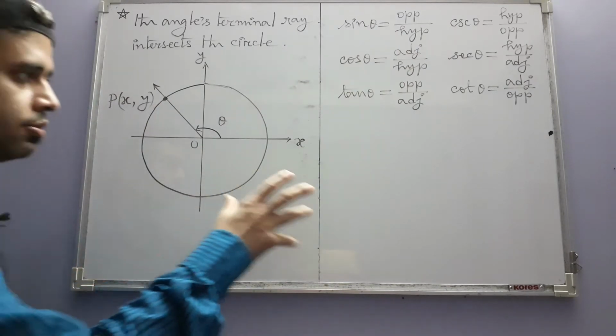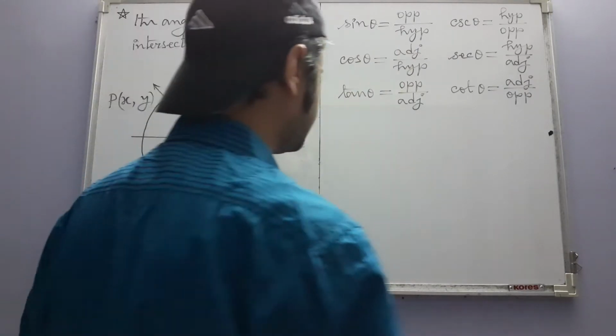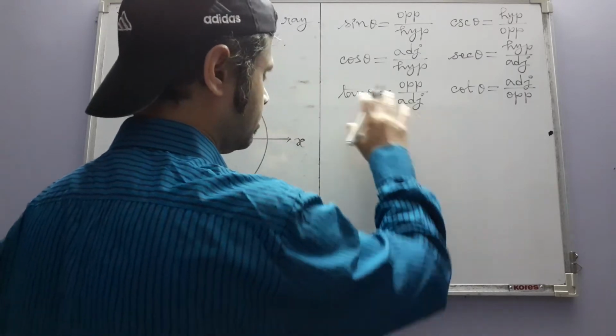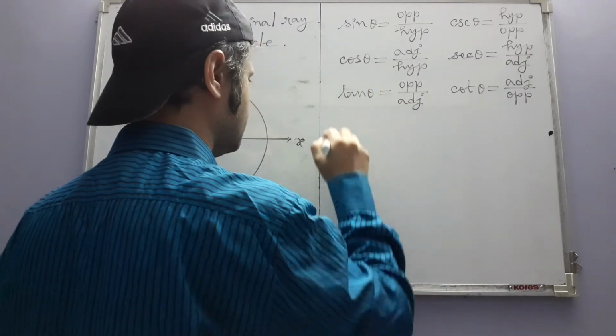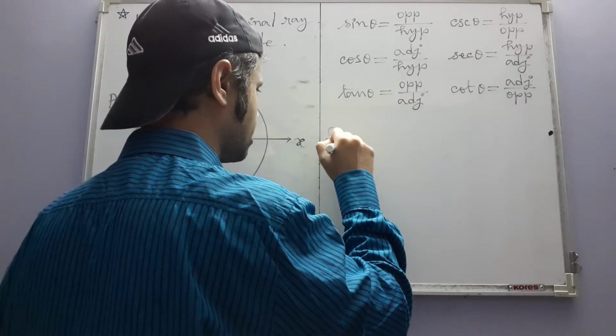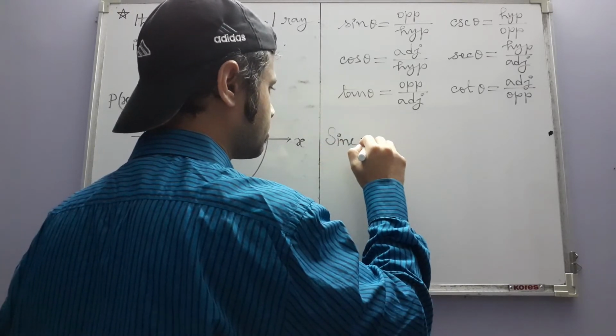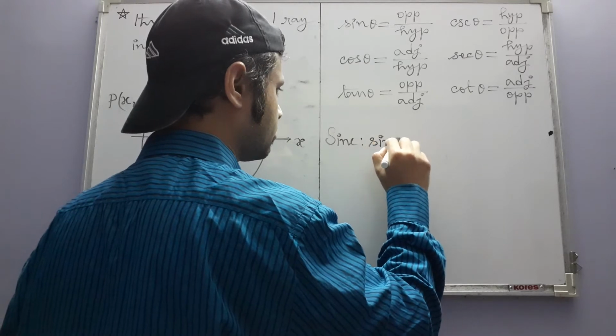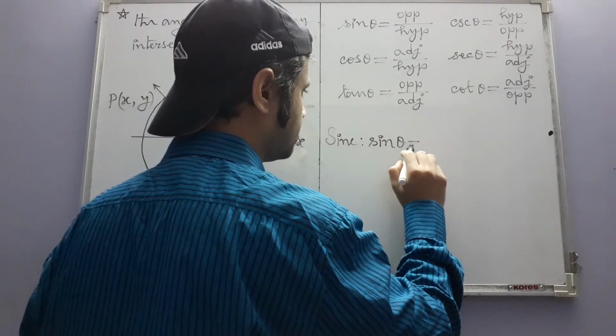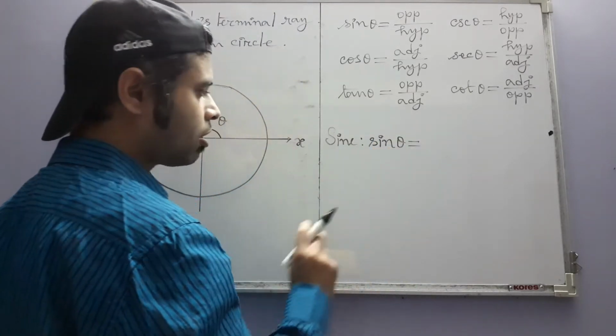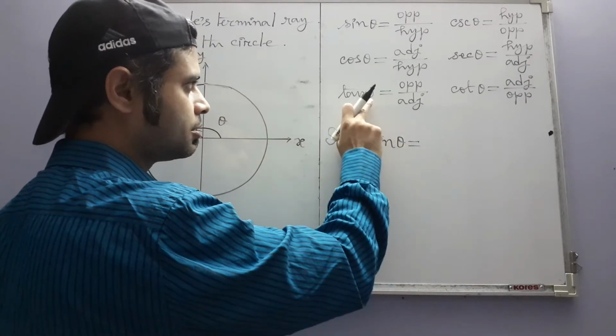Now we are going to present here another such array. Sine is defined like this. Sine theta is, do not confuse between this theta and that theta.